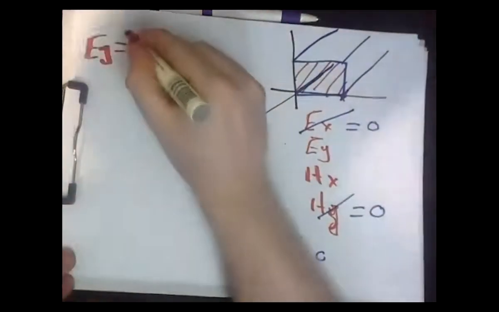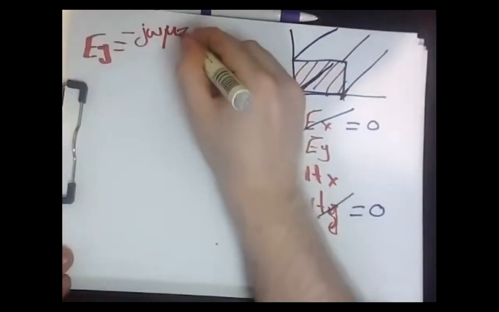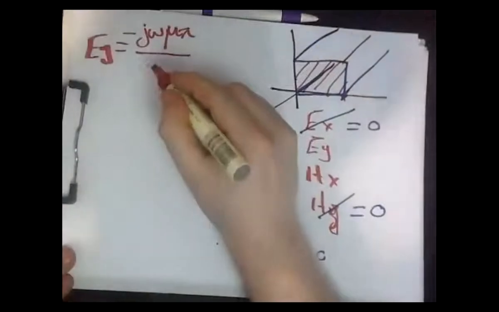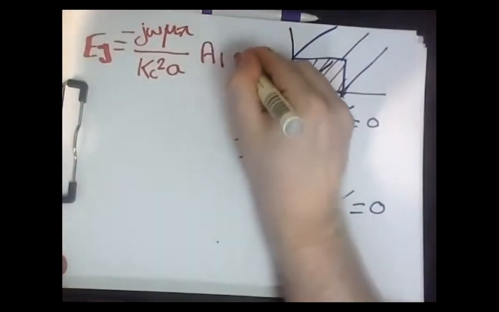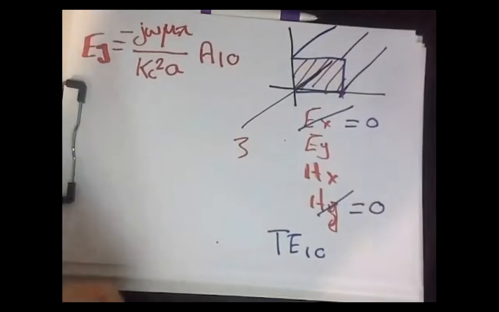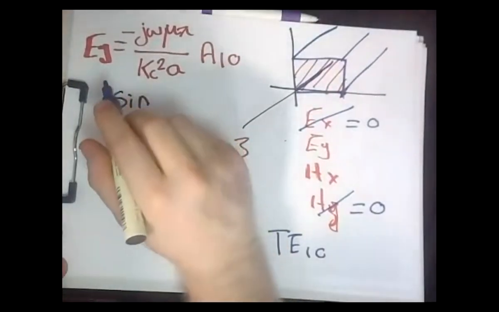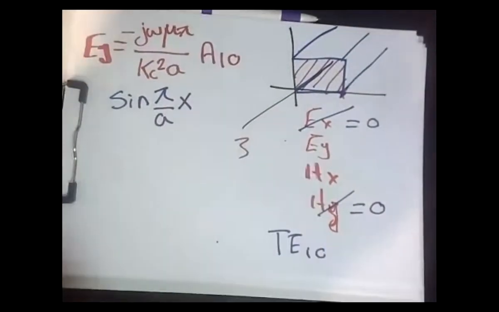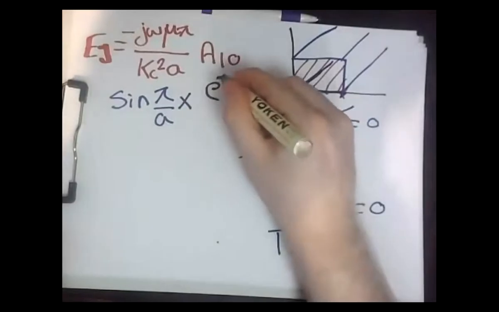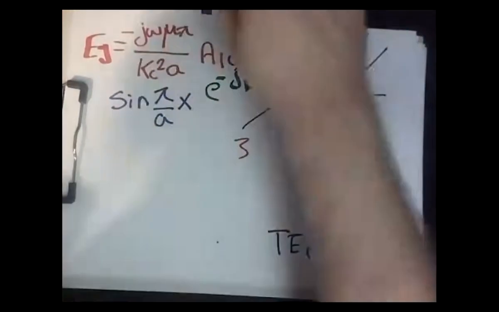We have minus j omega mu over kc squared, A10, then sine of pi over a x, and finally e to the power minus j beta z. Okay, so this is the E component we have.